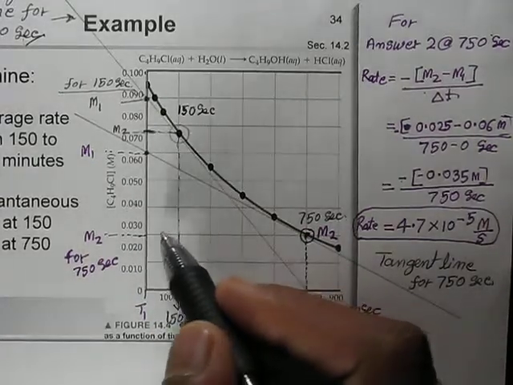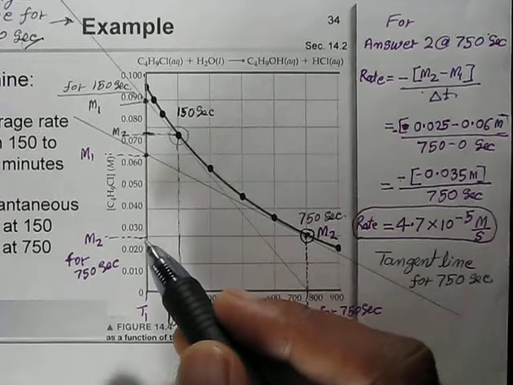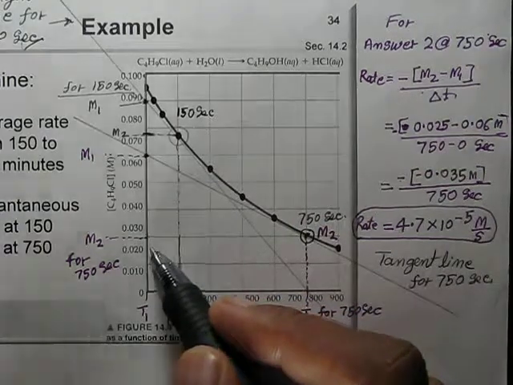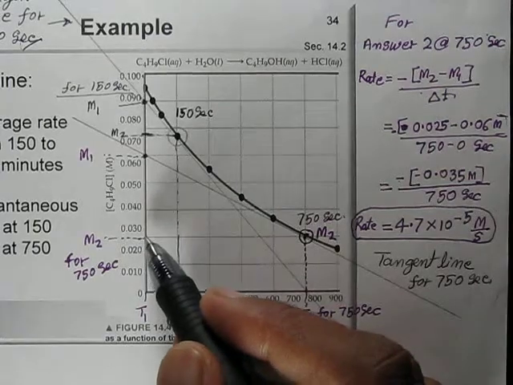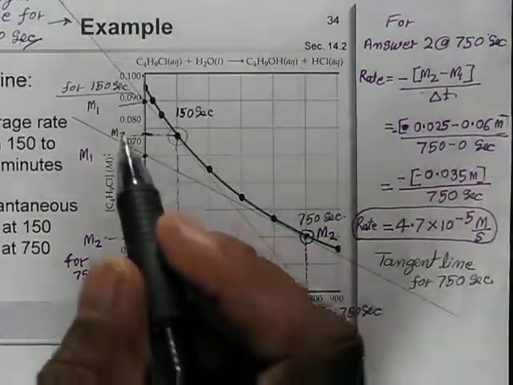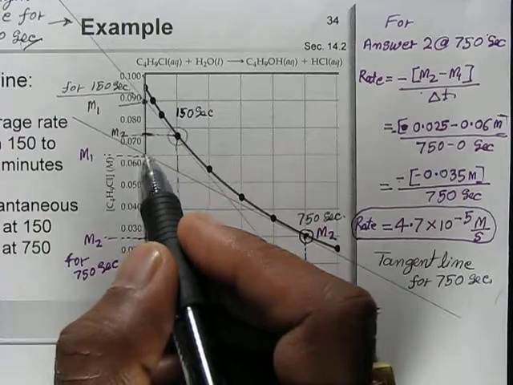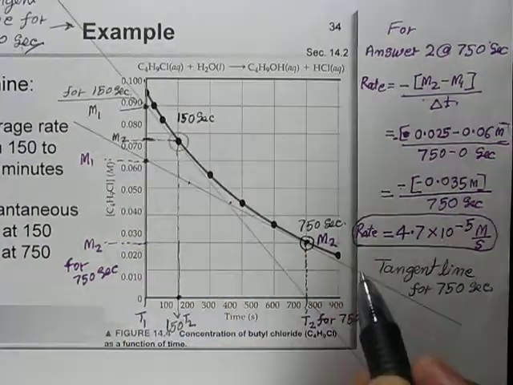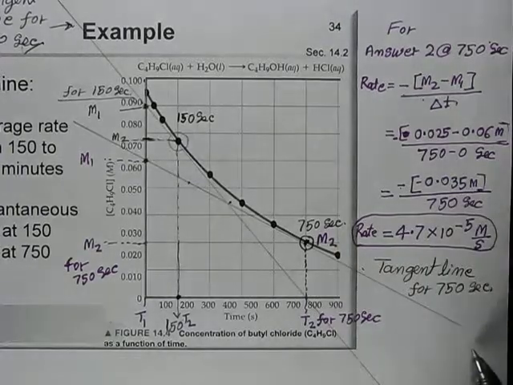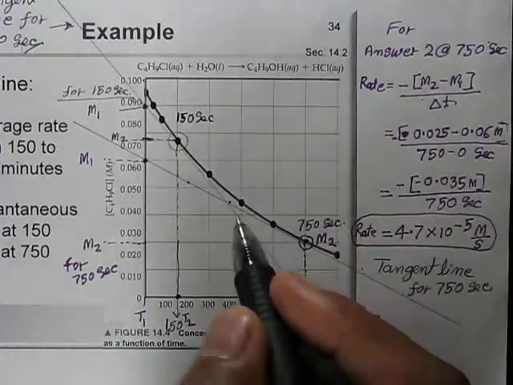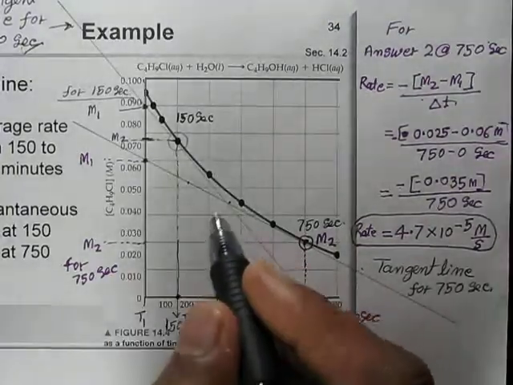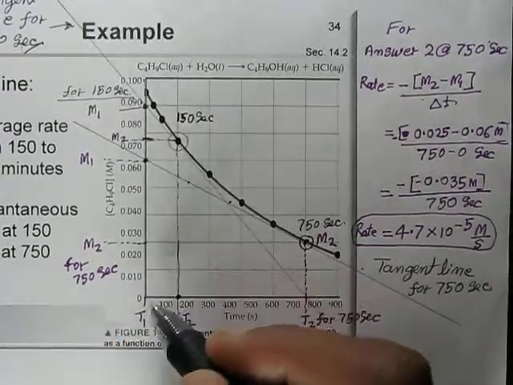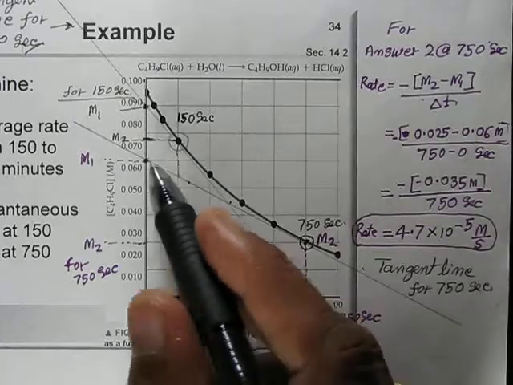Draw a straight line from here all the way back, crossing the y-axis. This will be my M2, and the initial point I again selected at the y-axis. You can choose any 2 points on the line, but don't go outside of the curve, otherwise you will not get the values. I chose the y-axis so it will be easy for subtraction and for finding the molarity.